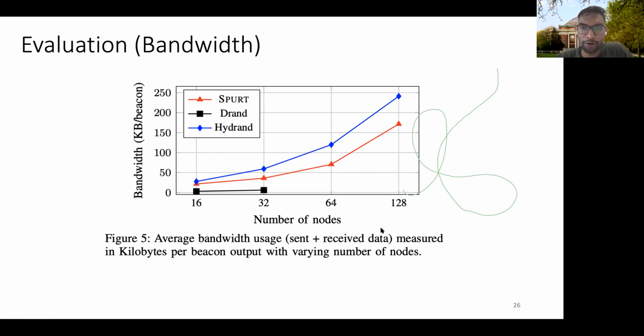If you are doing a broadcast of, let's say, one element, then we count it as a bandwidth cost of n times lambda, so for each broadcast we multiply by n. If you compute the other way, assuming a broadcast is sending a single message, then the bandwidth cost will be lower. But currently the bandwidth is considerably larger than DRAND.